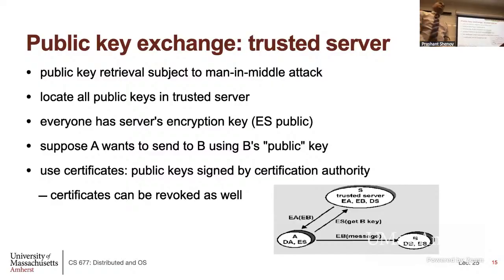Somebody has attested that it's Alice's public key, and you believe that because you trust whoever signed that key. So this trusted server is called a certification authority. It has the authority to generate public keys that are signed, so that when they're presented, you can decrypt it and verify that it's actually signed. So I believe that that's the right public key. I don't get any public key and believe it's somebody else's public key.